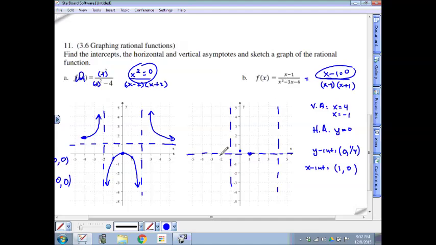If I chose negative 2 as a test point and plug negative 2 in here, negative 2 minus 1 is negative 3. Negative 2 minus 4 is negative 6. Negative 2 plus 1 is negative 1, but when you multiply you get positive 6. That's negative 1/2. So negative 2 comma negative 1/2.